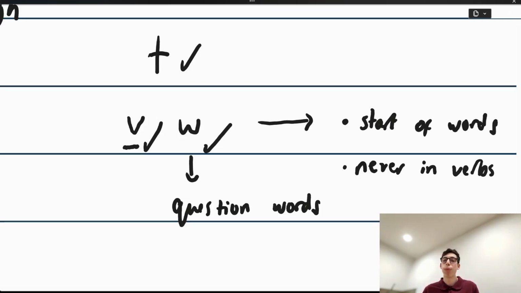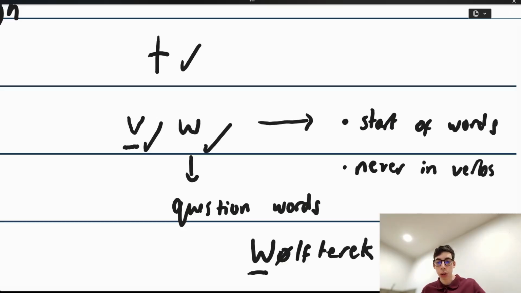The most obvious one that you've hopefully come across by now is Wølfterek, the name of the language itself. It is a W word, so it has a W at the start of it. We can't have a W anywhere else.